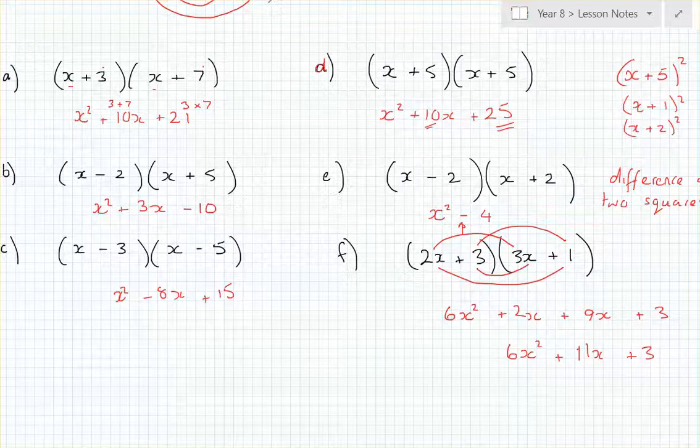So in your book, turn to page 140. Have a go at questions 5, 7, and 8.